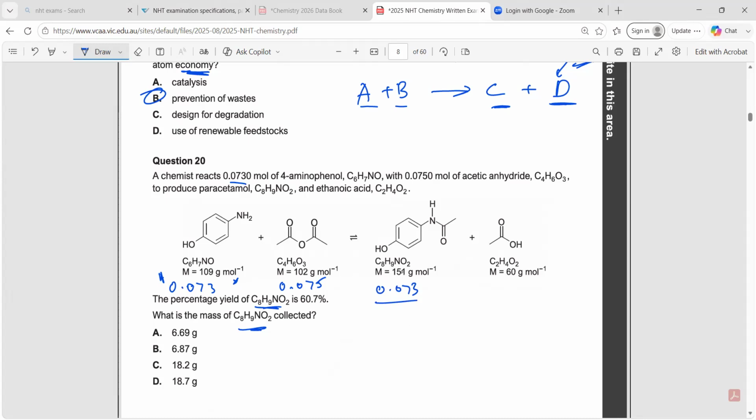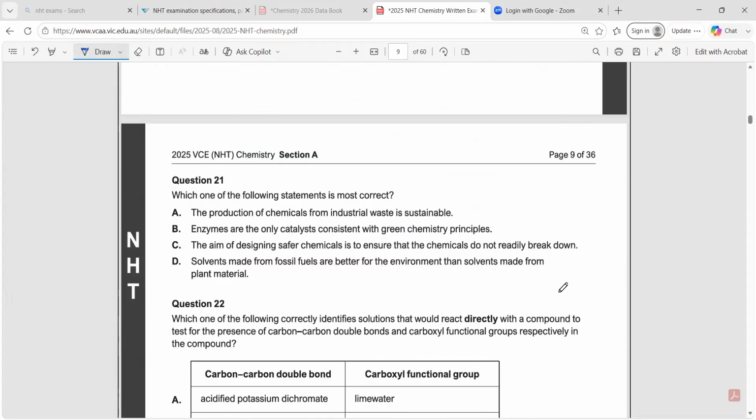The mass of paracetamol produced is 0.073 times 151, which is 11.023 grams. Now, we've only collected 60.7% of that, so we multiply by 0.607. That's approximately 6.69, which is not as hard as I thought it would be.